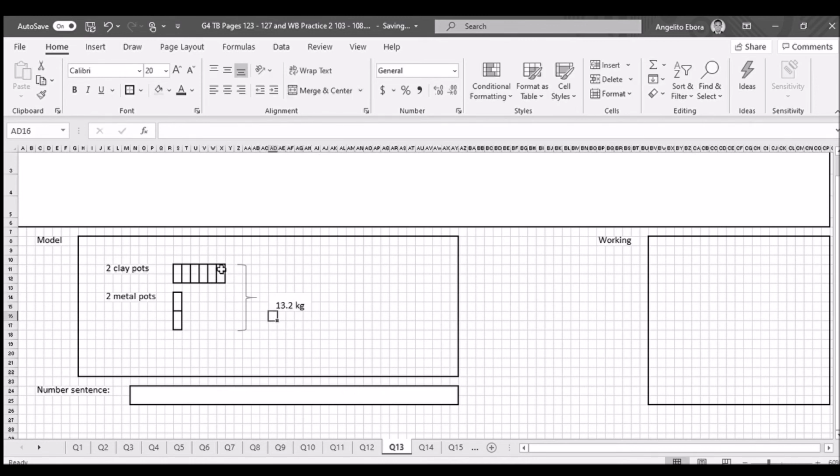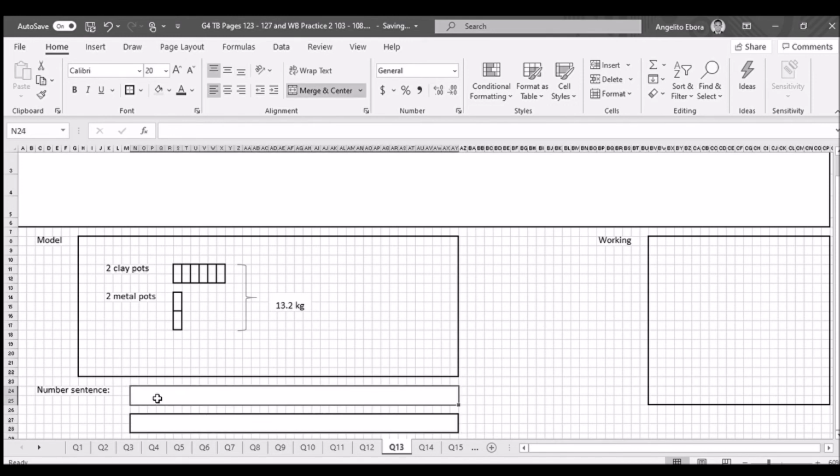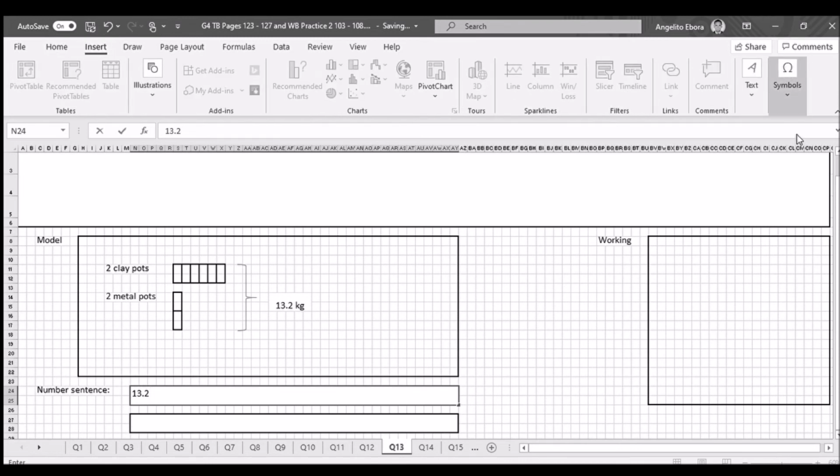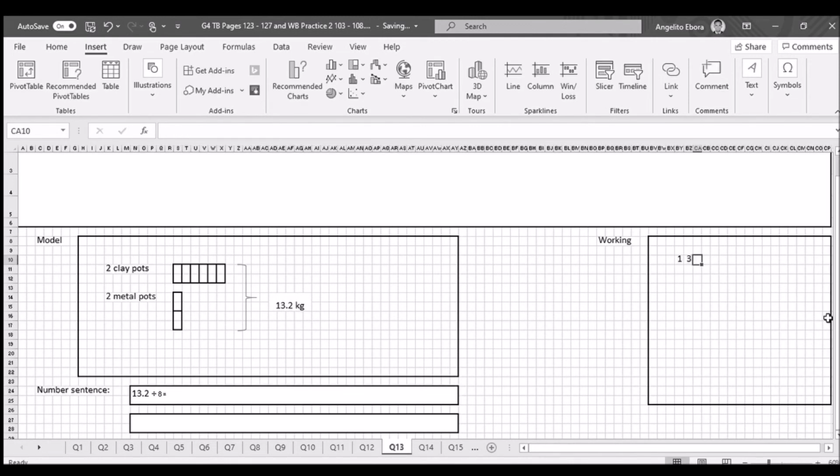So we have 1, 2, 3, 4, 5, 6, 7, 8. So 13.2 divided by how many units? Divided by 8. So 13.2 divided by 8.